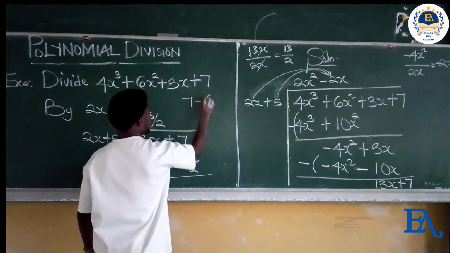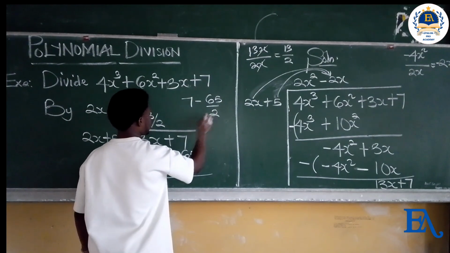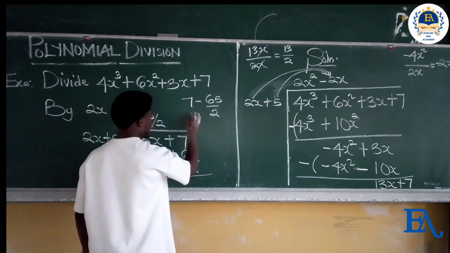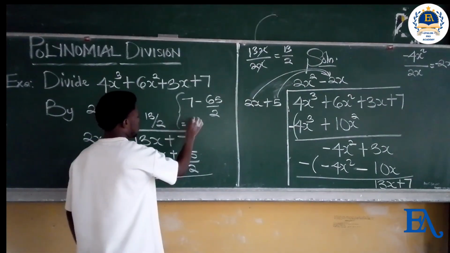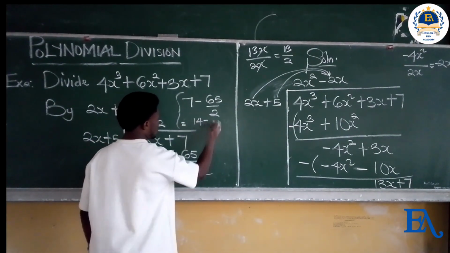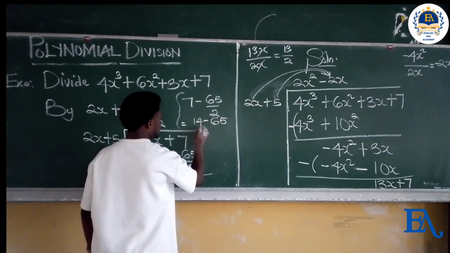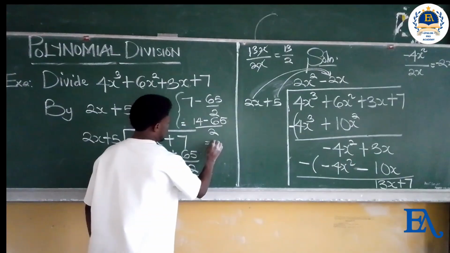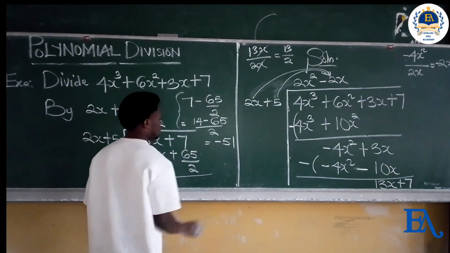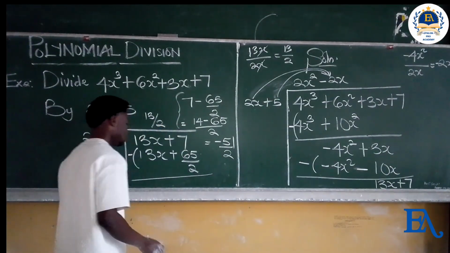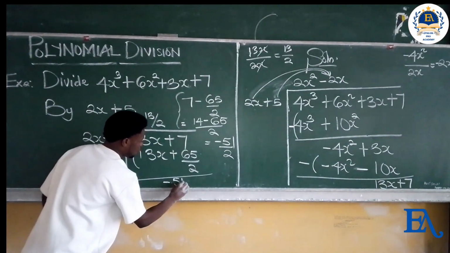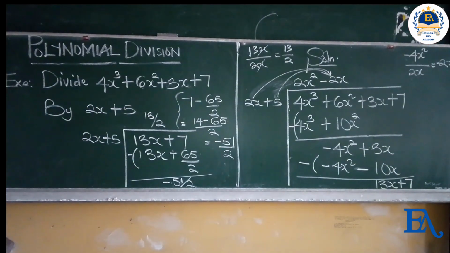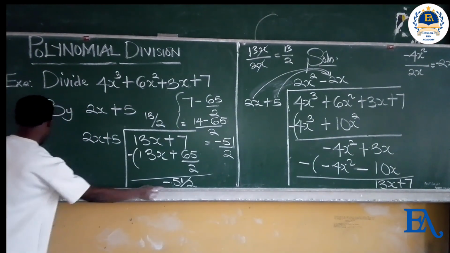And this is equal to 14 minus 65, all over 2, which is minus 51 over 2. From here, this is called the remainder.